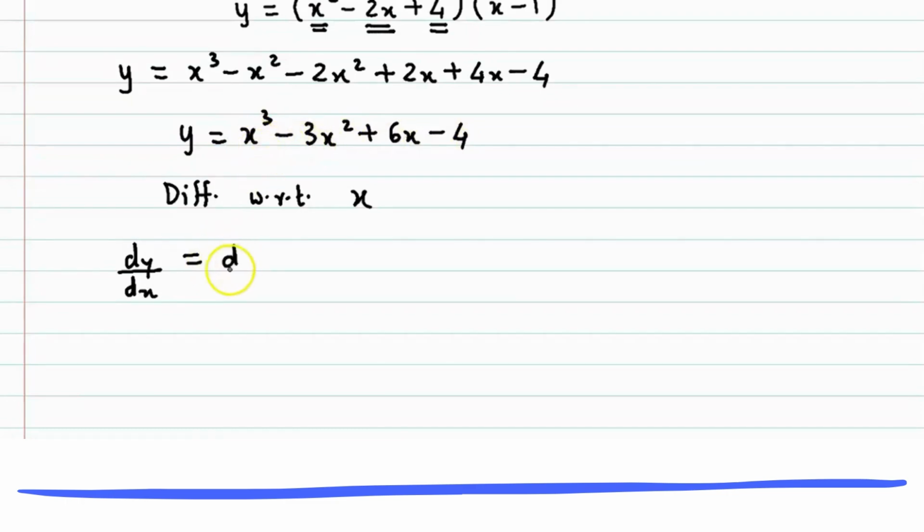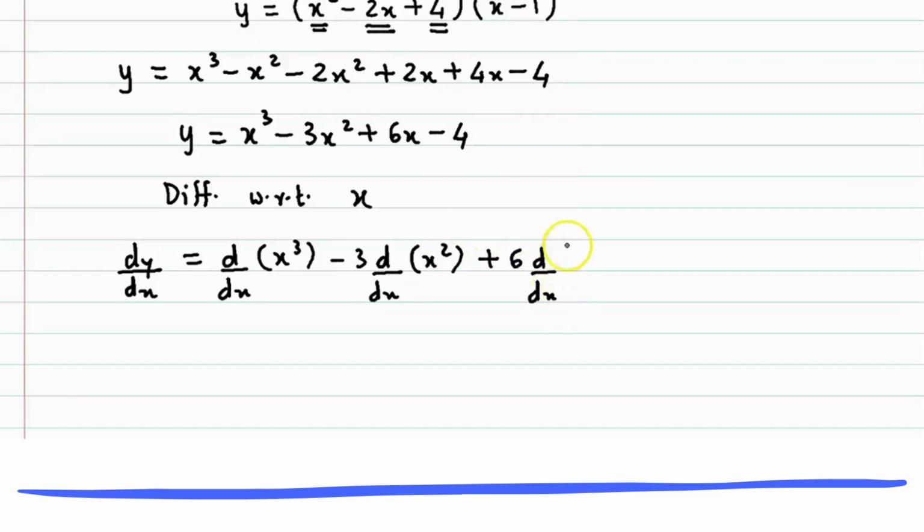So we have the derivative of x³, then −3 into the derivative of x², plus 6 times the derivative of x, and lastly the derivative of the constant term 4.